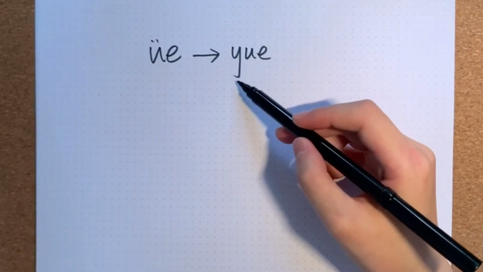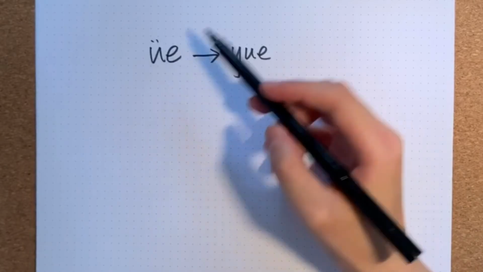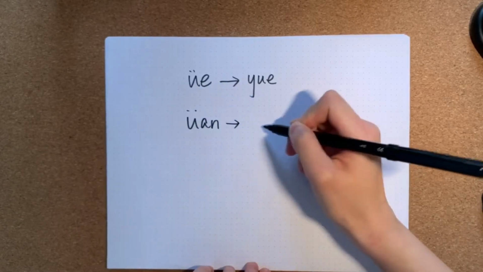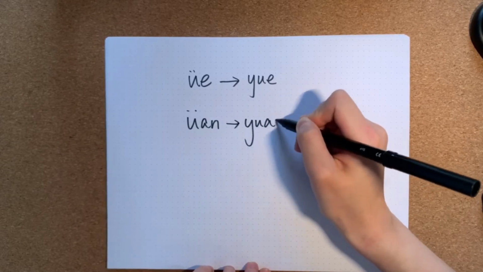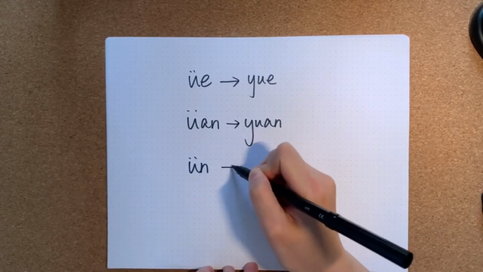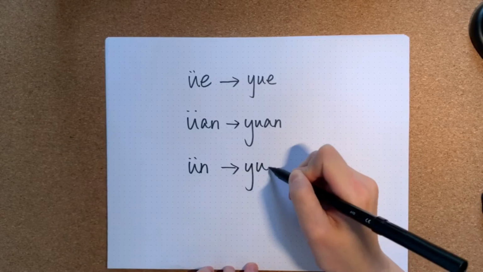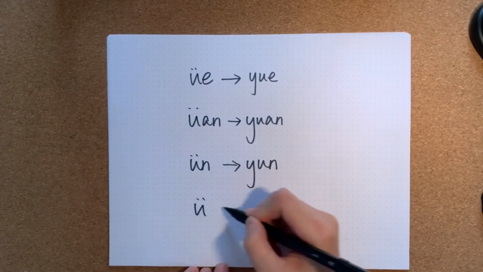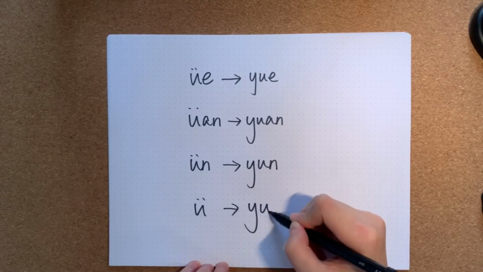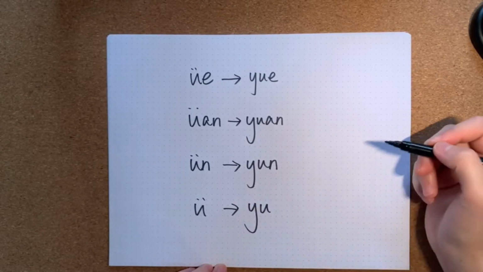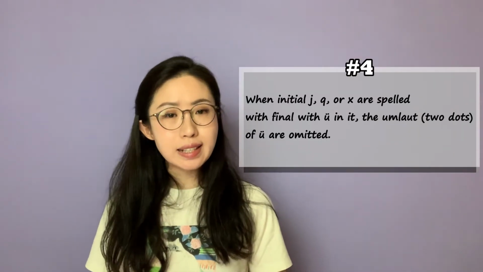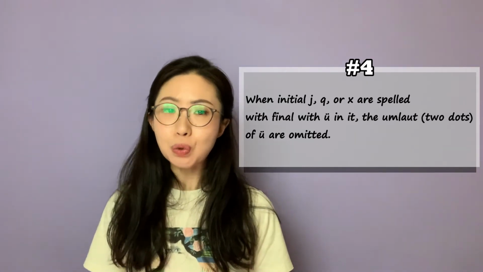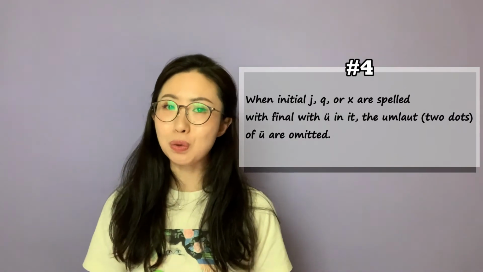We place the letter Y before ue and omit the two dots. üan is written as yuan. ün is written as yun. And for a character that's pronounced as ü, we just simply put Y before u and omit the two dots.